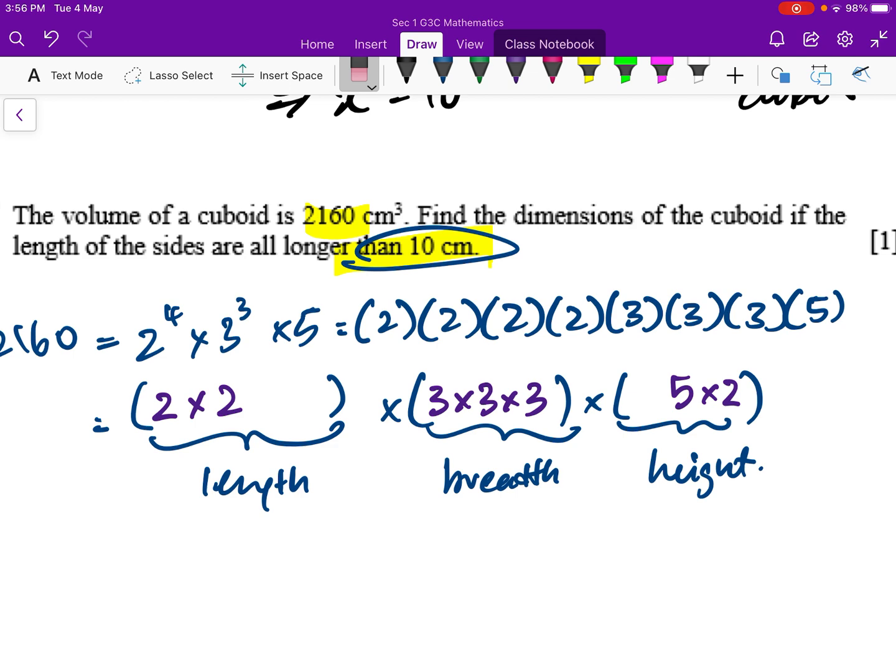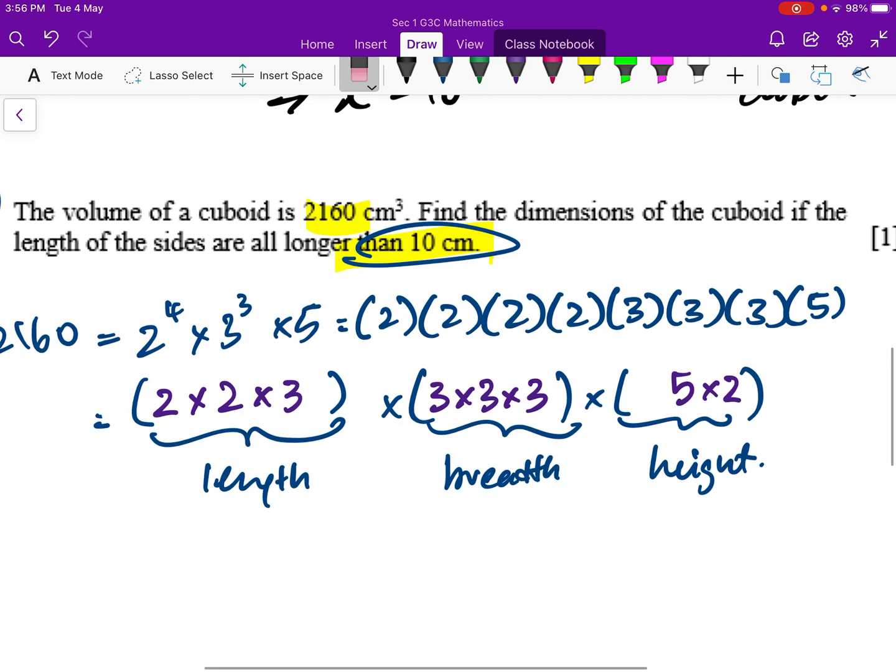So that gives me 4. And what if I put a 3 over here? Okay, so that removes one of the 3s, and I know that I've got another 2 2s available. Okay, so now I've got a length of 12. My breadth is only 9, my height is 10. It has to be greater than 10.